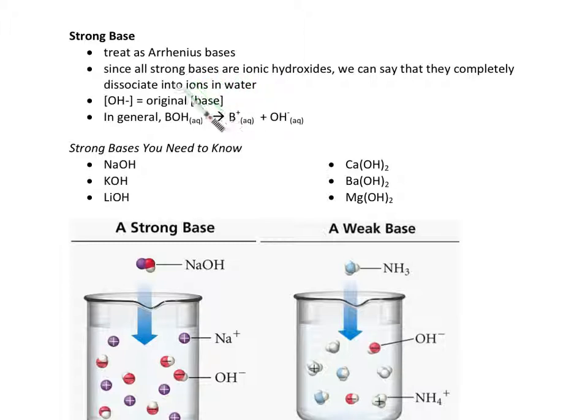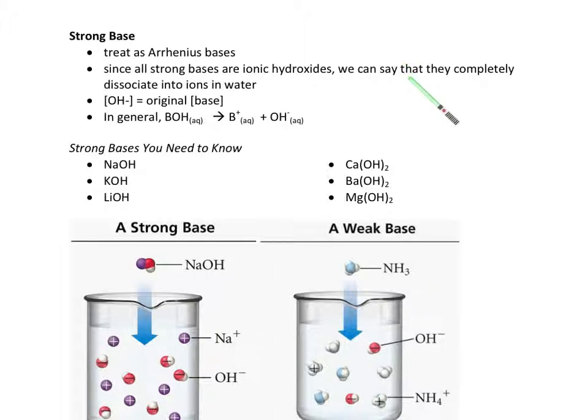And since all strong bases that we will work with are ionic hydroxides, we can say that this definition is true, that these bases will dissociate to produce OH minus, or the hydroxide ion in solution.